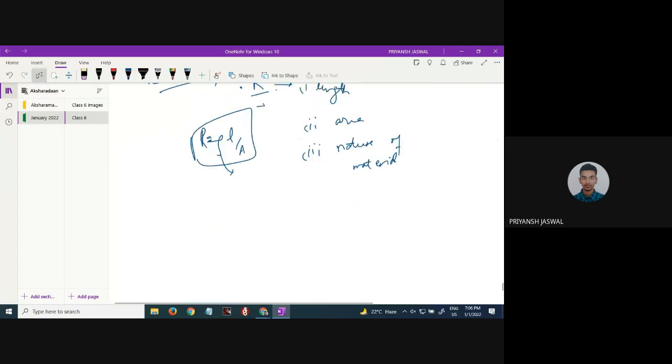This rho is electrical resistivity. For resistance, the SI unit is ohm. For resistivity, the SI unit is ohm meter. This resistivity is material dependent, and it is, you can say, like a property of materials. So depending upon the resistivity, we use different materials for different purposes. Like for alloys, we use them for heating purposes.